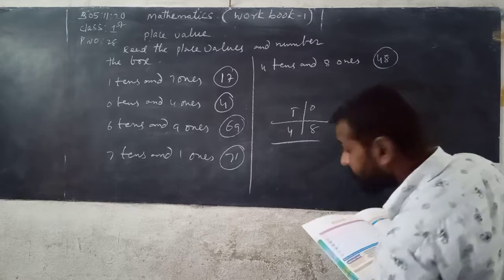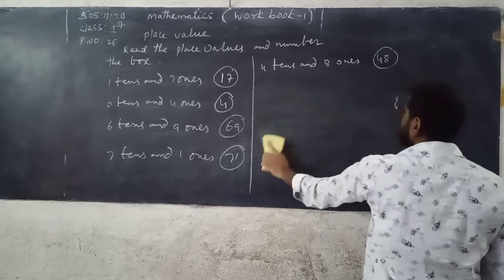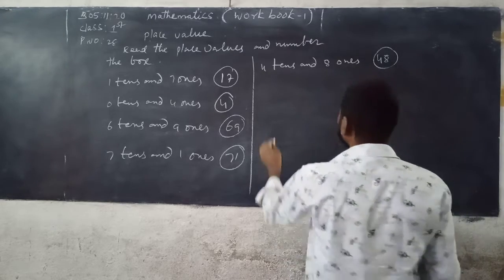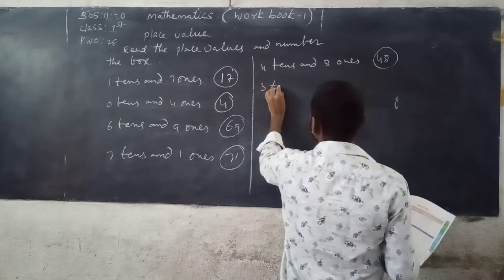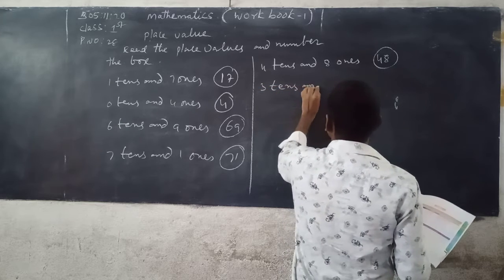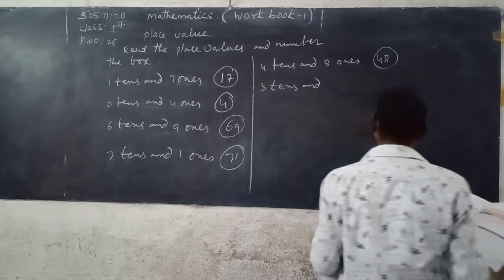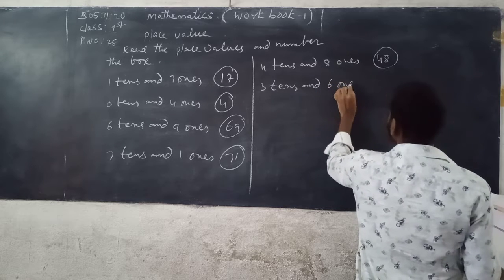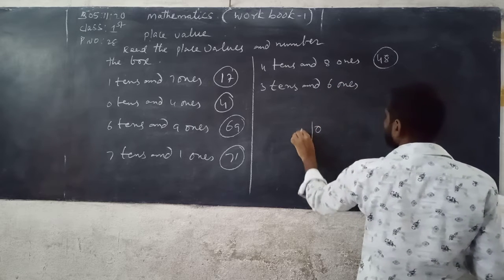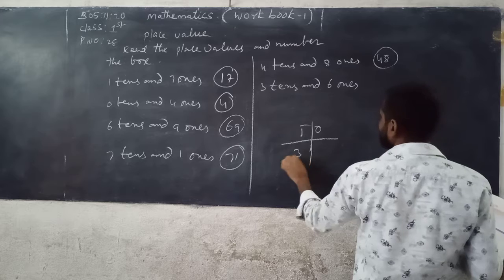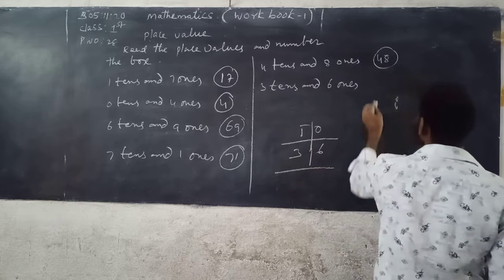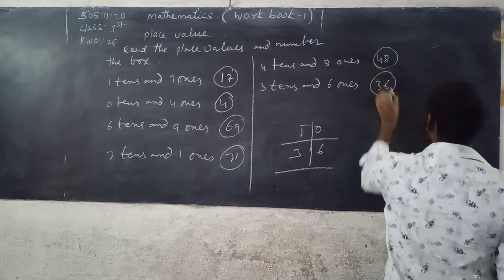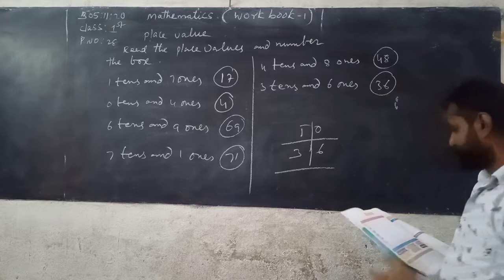Now next, 3 tens and 6 ones. 3 is in tens place, 6 is in ones place. 3 tens, 6 ones. The given number, that is 36.